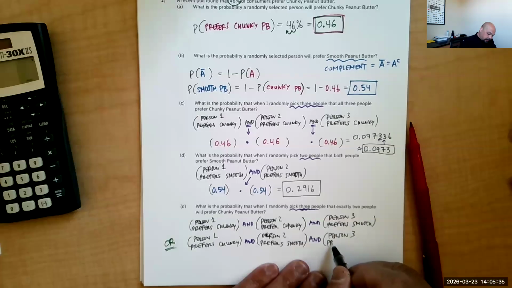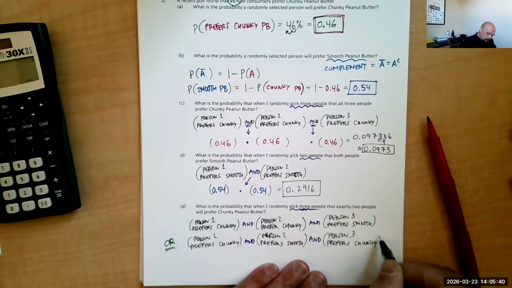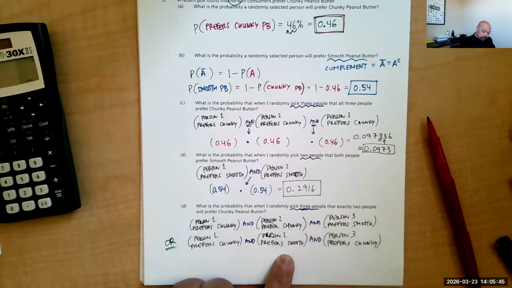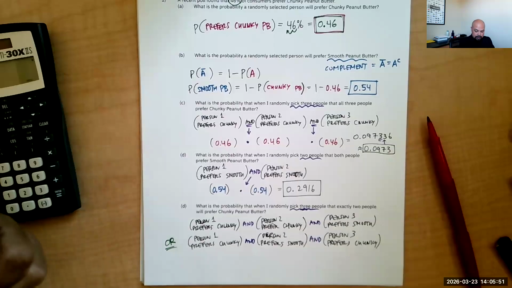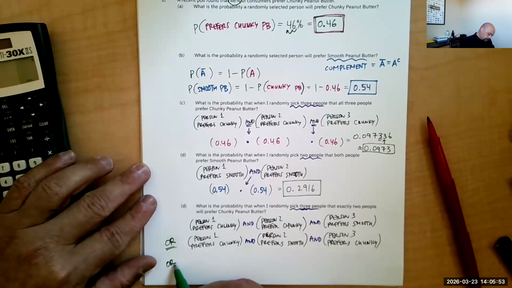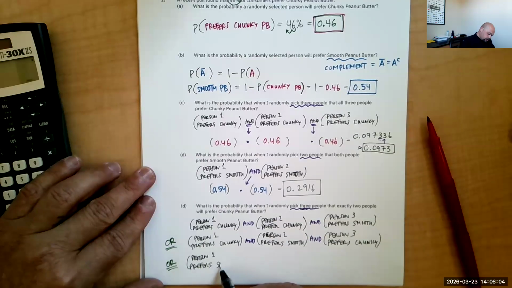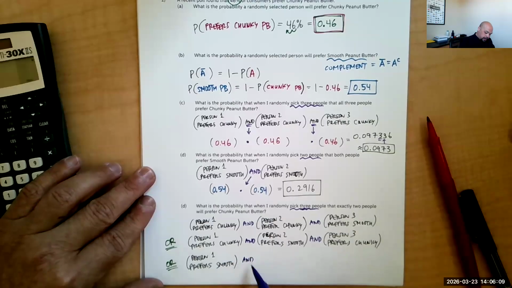That person 3 prefers chunky, right? So now we have 2 people that prefer chunky, 1 person that prefers smooth out of that total 3. But then again, there could be that the first person prefers smooth, and then our second and third person both prefer the chunky peanut butter, right?